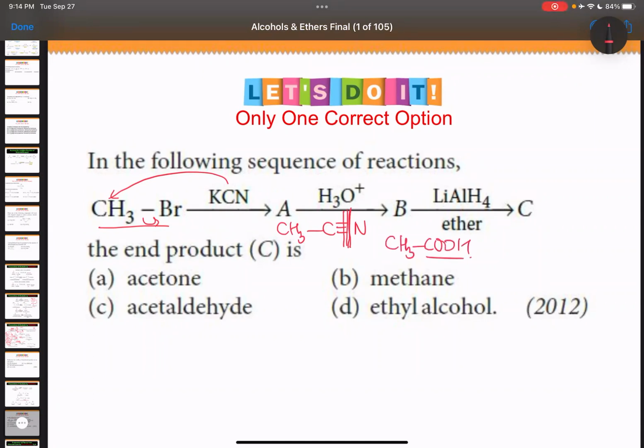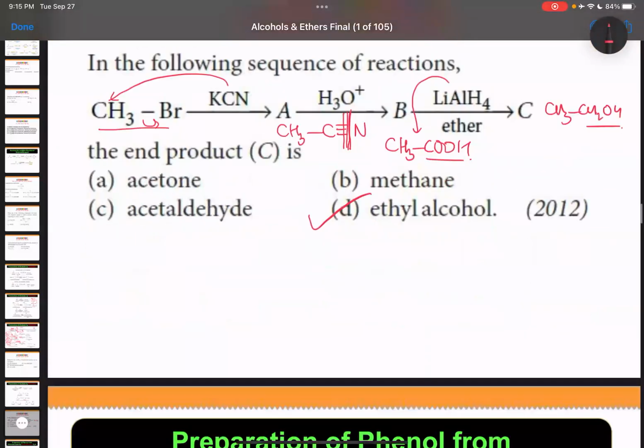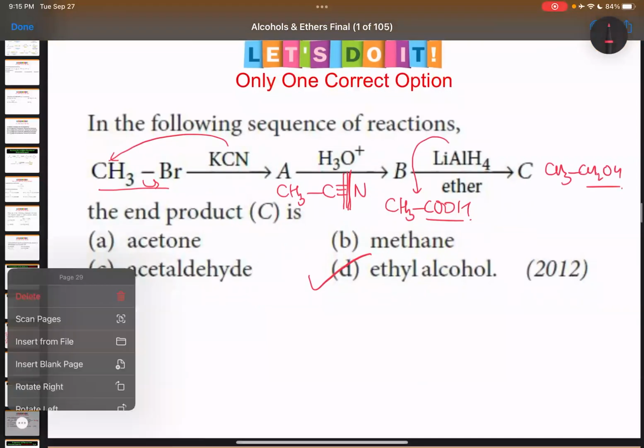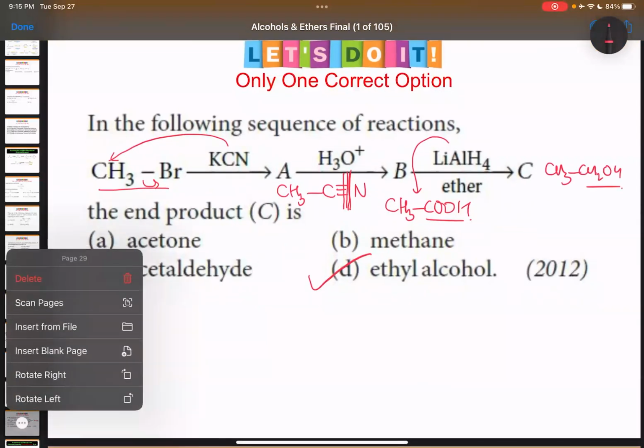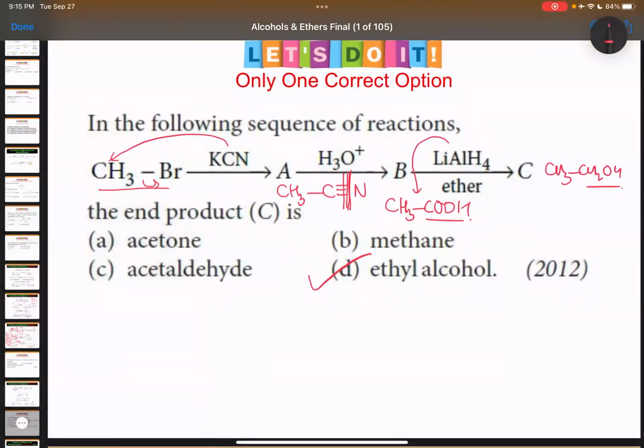And when you have LiAlH4, is it clear? Ethyl alcohol is the right answer. Okay, let me write it over here.